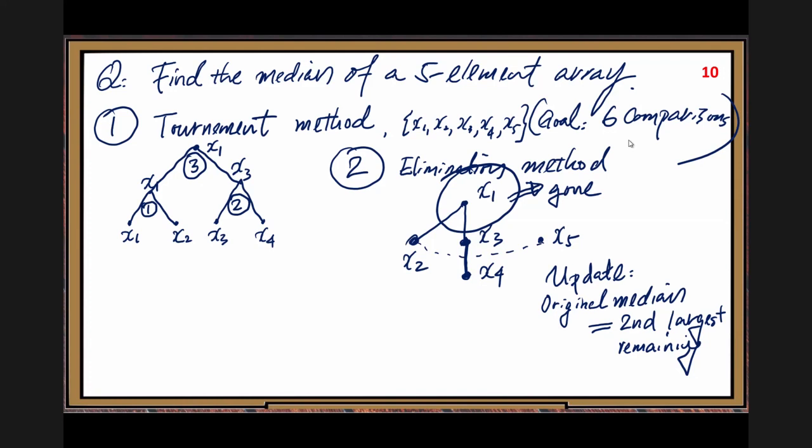One is smaller, one is larger. You can assume x5 is smaller, because it is symmetric; if x5 is larger, it is just the other way around. This is comparison number 4.